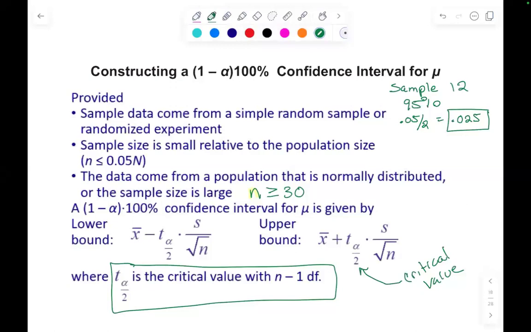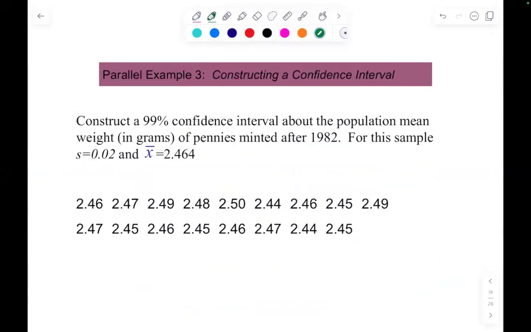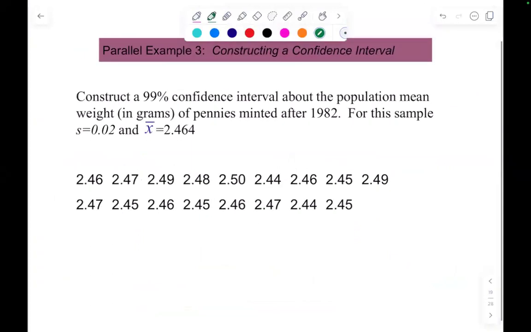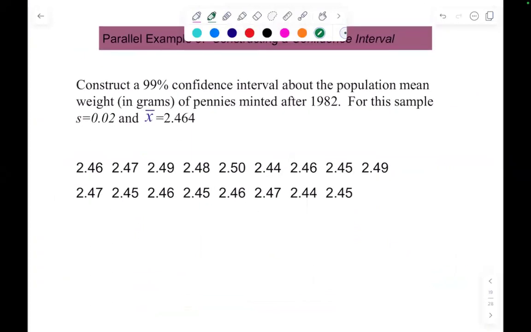All right. So we're going to construct a confidence interval here, and the next page has all the math, but I'm going to do the math for you. So for this sample, thankfully, I don't have to put all of this in my calculator, but I could. We have a standard deviation of 0.02, and I have an X bar of 2.464.